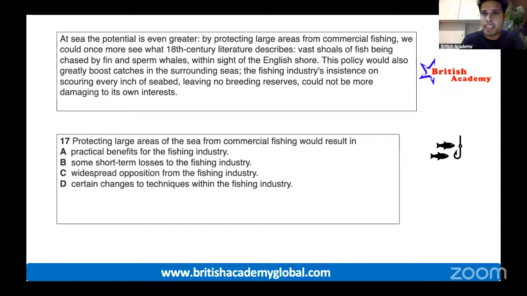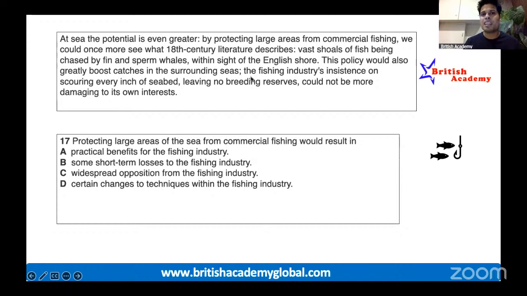But protecting large areas from commercial fishing, okay, we could once more see what the 18th century literature describes. Once more see, which means we are able to see things once again. What we would be able to see: vast shoals of fish being chased by fin and sperm whales within sight of the English shore. This policy would also greatly boost catches in the surrounding areas.